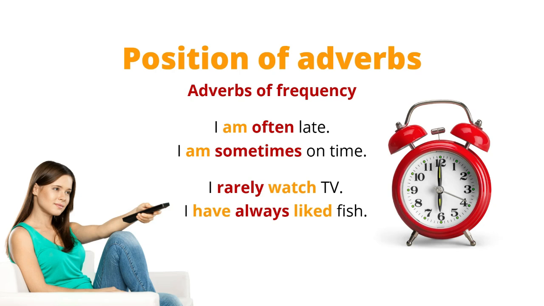I rarely watch. I have always liked. So have is an auxiliary verb here. So the adverb of frequency goes before the main verb like. I have always liked fish. Okay? So this is the most common place to see the adverb of frequency.